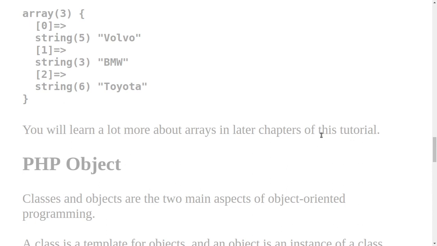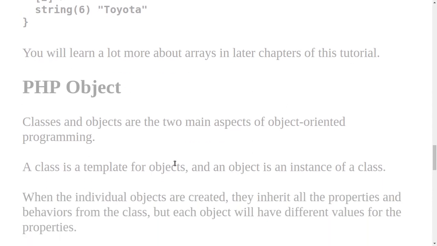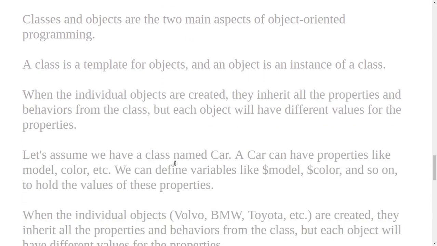PHP object. Classes and objects are the two main aspects of object-oriented programming. A class is a template for objects, and an object is an instance of a class.